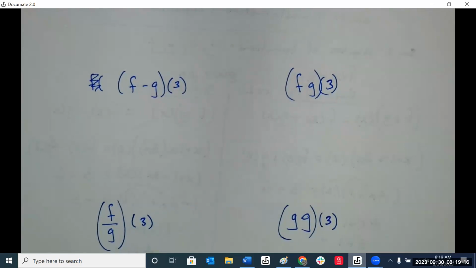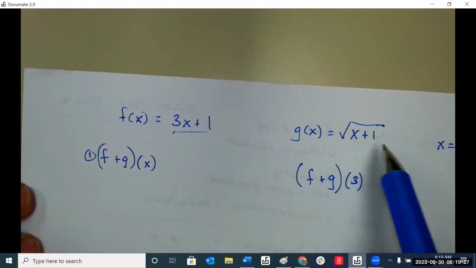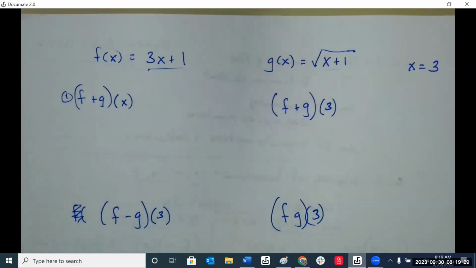So we're going to do these 6. Remember, f of x is 3x plus 1, g of x is the square root of x plus 1.